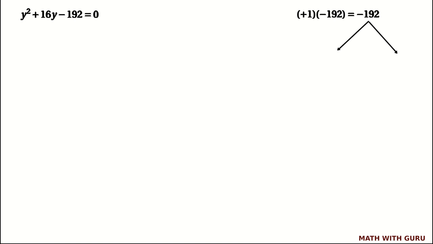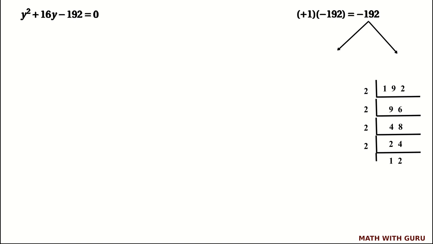Let us factorize 192 like this. 2 96s are 192, 2 48s are 96, 2 24s are 48, 2 12s are 24, 2 6s are 12, 2 3s are 6. Now, consider this. 2 into 2 into 2 is 8.